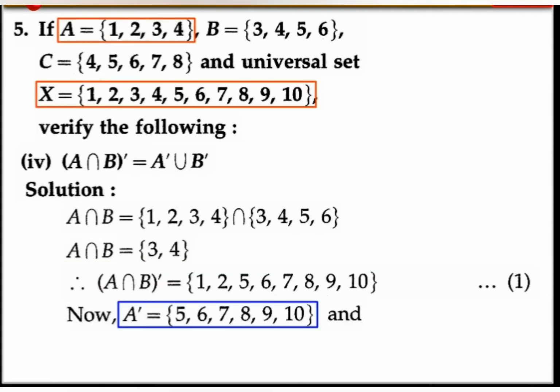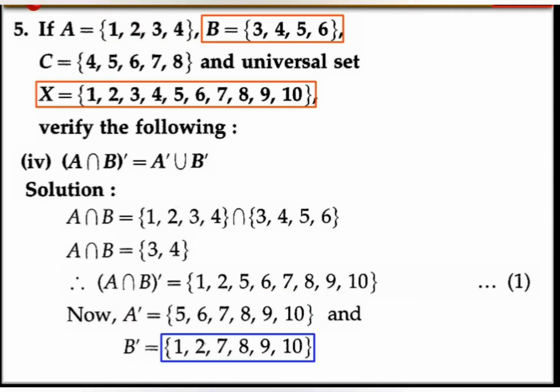Now A complement is equal to set of 5, 6, 7, 8, 9, 10 and B complement is equal to set of 1, 2, 7, 8, 9, 10.